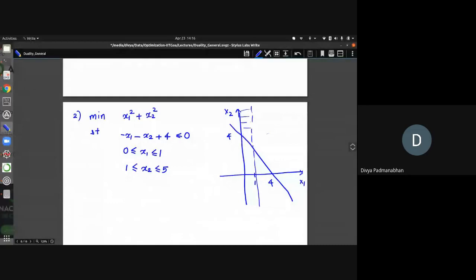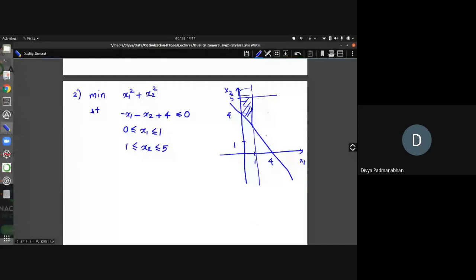As far as x2 is concerned, you have everything between 1 and 5, so it cuts here, and what you have is basically this kind of trapezium. This is the feasible region, and you're asked to minimize x1 square plus x2 subject to x1 and x2 lying in this.